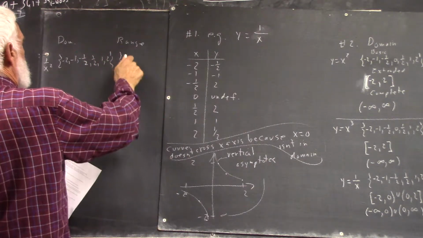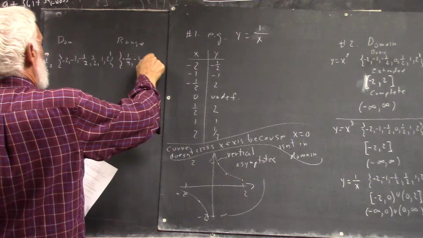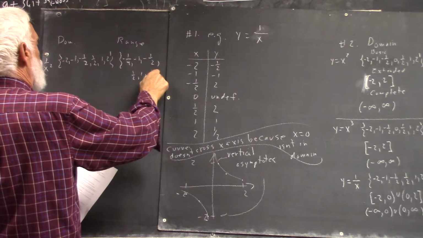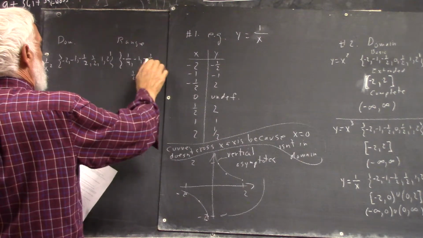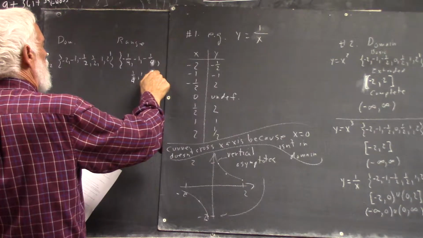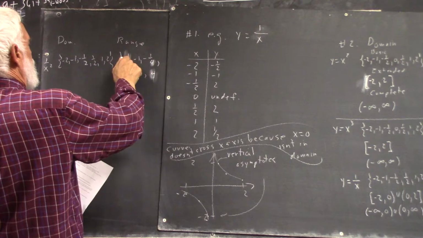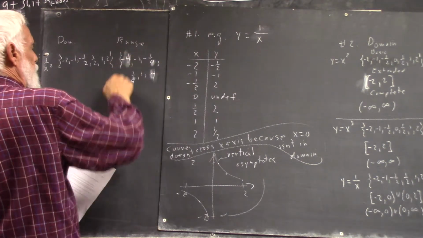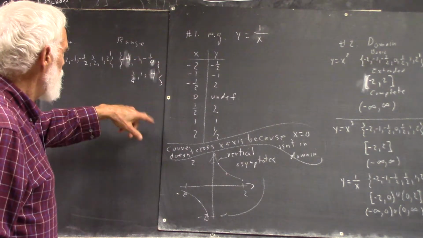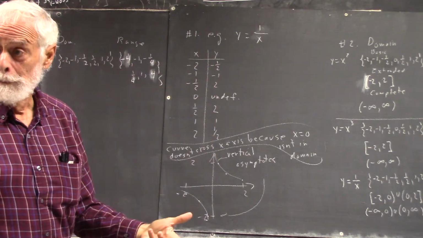Your range is -1/4, -1, -1/2, 1/2, 1, 1/4. Well, it's not 1/2, it's 1/4. And okay, more sensible way of listing it: -4, -1, -1/4, 1/4, 1, 4, which are the numbers that you're going to see over here, but not in that order. Okay?